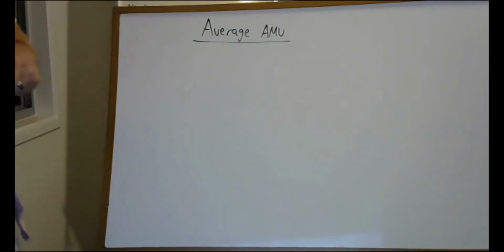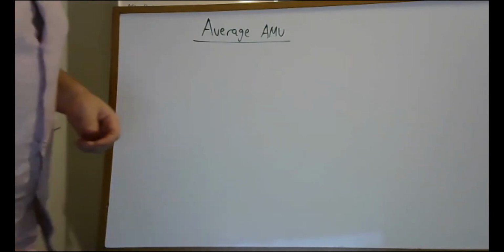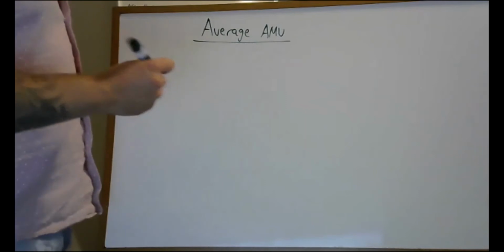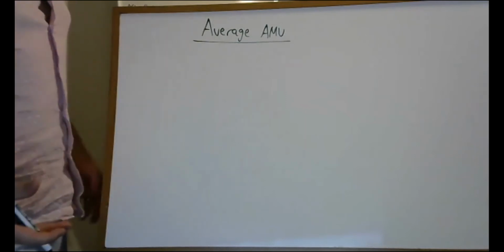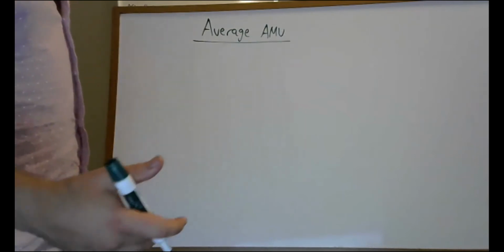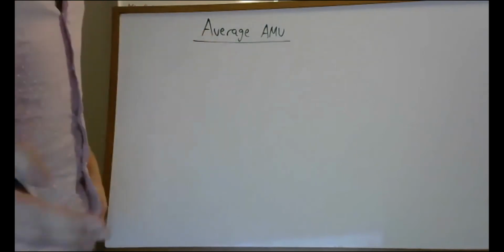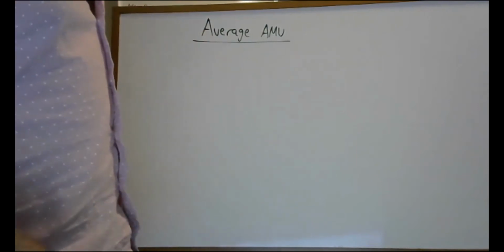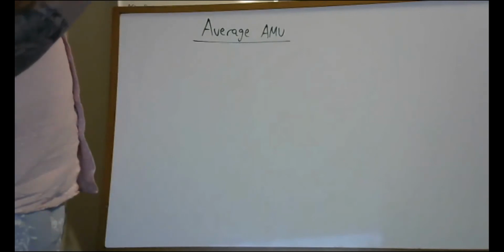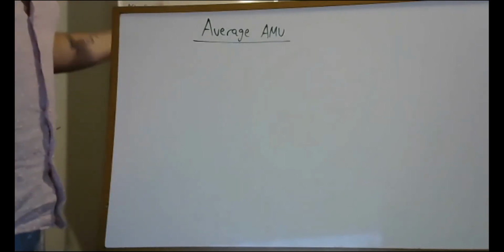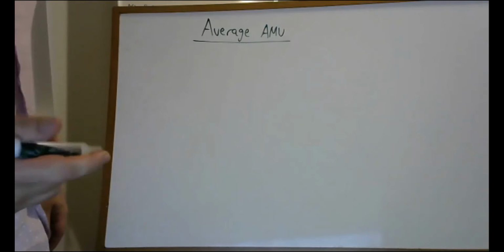But for the most part, they have at least one isotope. So it all depends on the relative abundance of each isotope on Earth. Well, I guess we can't measure it against anything else except for on Earth.